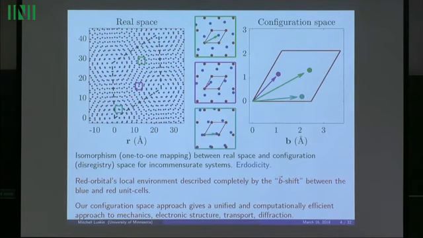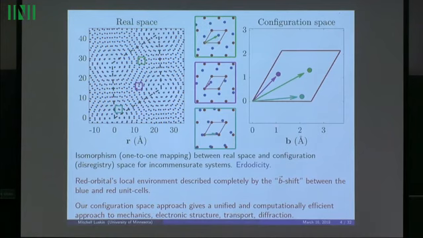The moiré scale is essentially where the system is almost periodic. As we go from point to point through the different red points, we see the position of the upper blue lattice is different, and that's characterized by a shift vector B, sometimes called a disregistry.